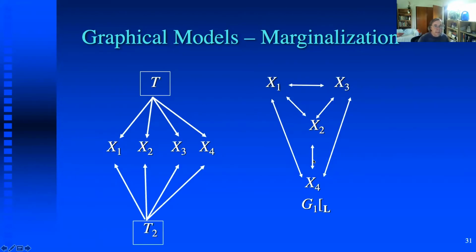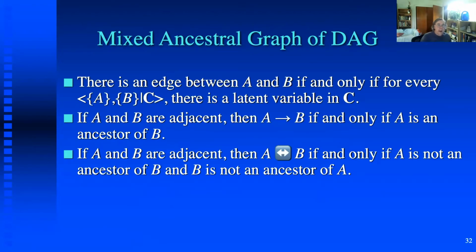So how do I form this? Well, there's an edge between any pair of variables if and only if the only way to d-separate them in the original graph, where this means that A and B are d-separated conditional on C, is with a latent variable in C. In other words, the only way I can d-separate them is using a latent variable, and so when I marginalize the independence relations, that d-separation relation is dropped.